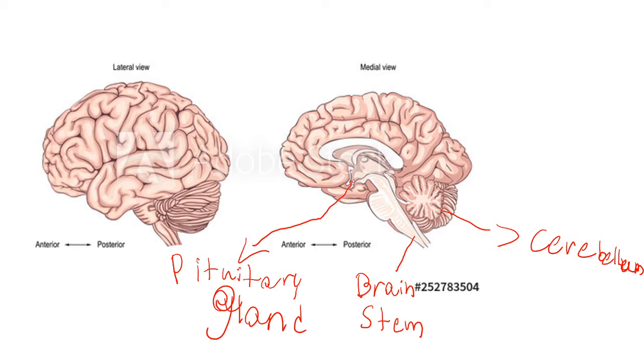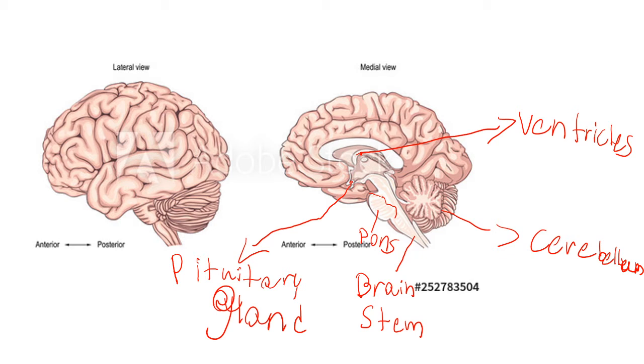Over here, we have the ventricles. And then as a part of the brainstem, right around here is what we call the pons area. It's a section of the brainstem.